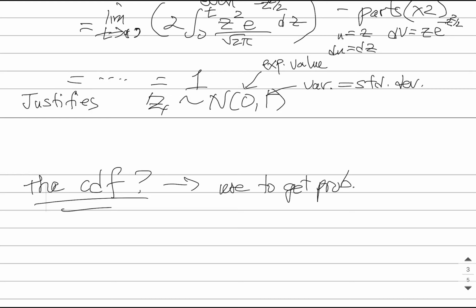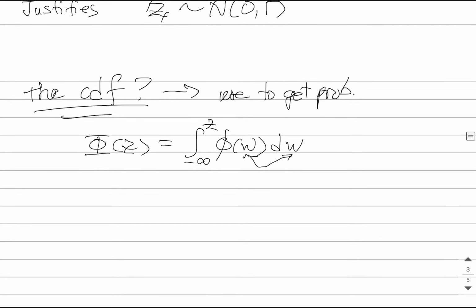So now the CDF we're going to define with a capital phi of z, and just like before, it's going to be an integral from negative infinity to z, and we are going to use the standard normal density with some other dummy variable w. It doesn't really matter what it is.